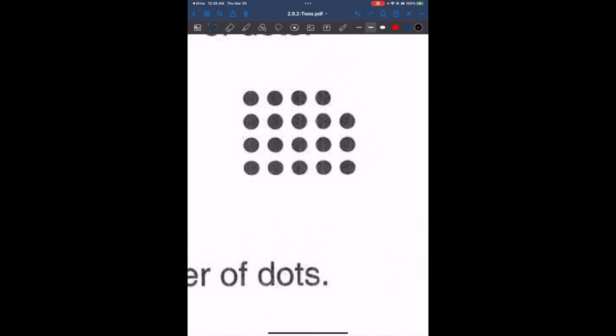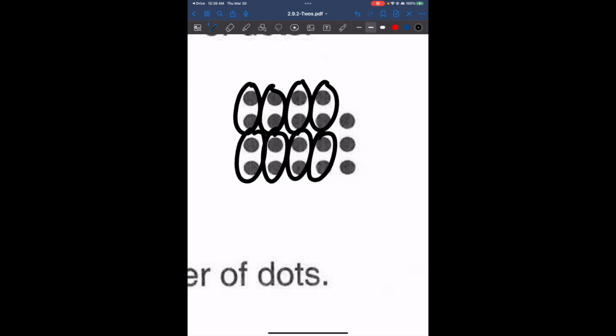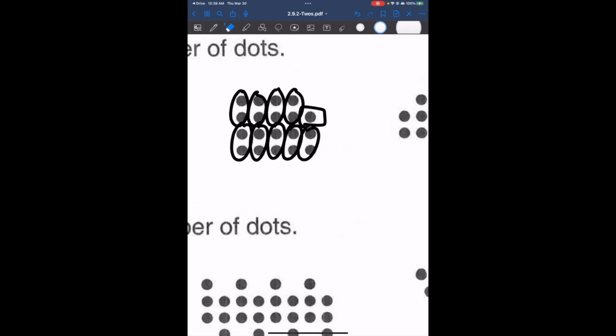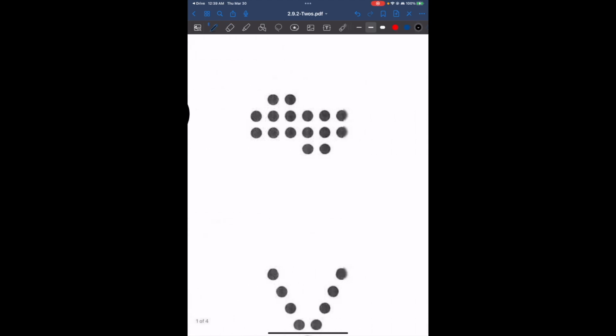Now let's look here. I'll try grouping it into multiple groups of 2 dots. And then we're left with 1 remainder. So that's an odd number of dots.